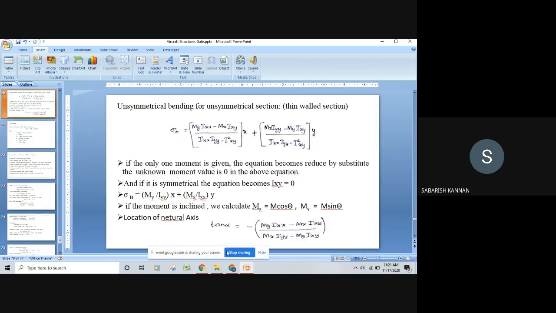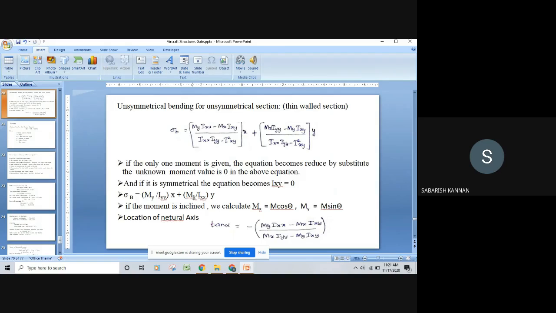So this is our formula for bending stress sigma b. Here the section is symmetric, so our formula becomes My divided by Iyy into x plus Mx divided by Ixx into y. In that, instead of x we substitute z, because we are in the yz plane.